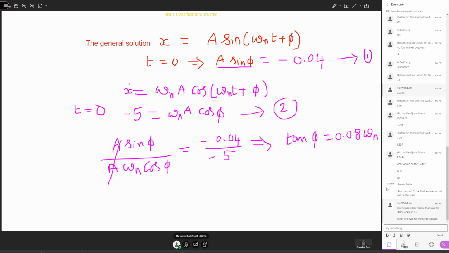But you can calculate omega n because we know k and mass. Omega n is equal to the square root of k by m. K we got as 420 and mass is 2.55.